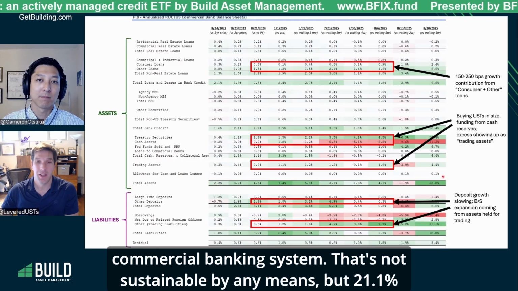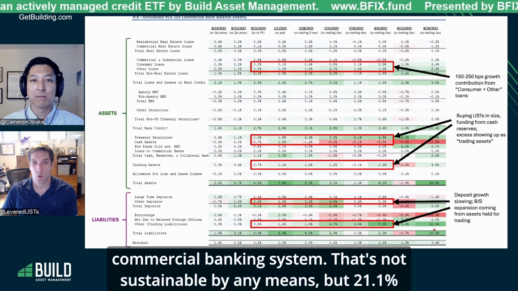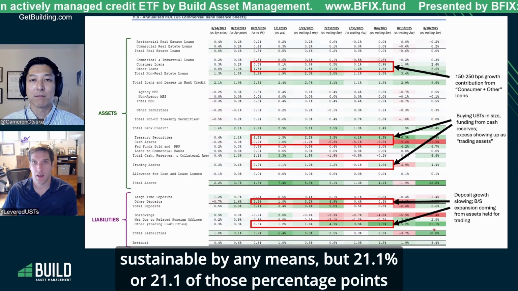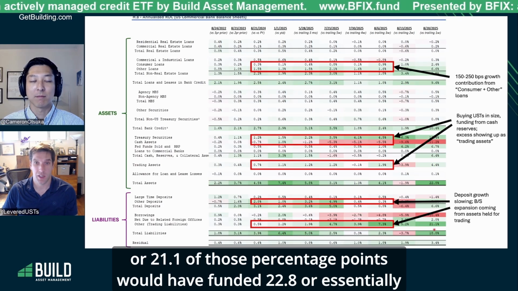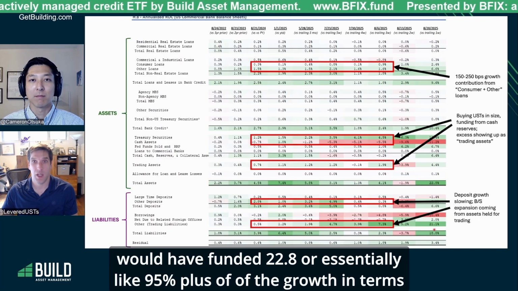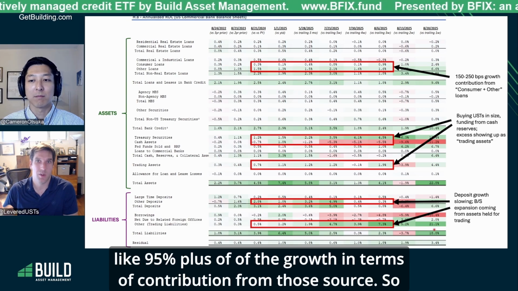That's not sustainable by any means, but 21.1 of those percentage points would have funded 22.8, or essentially 95% plus of the growth in terms of contribution from that source.